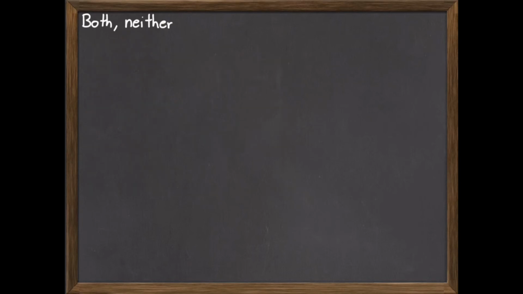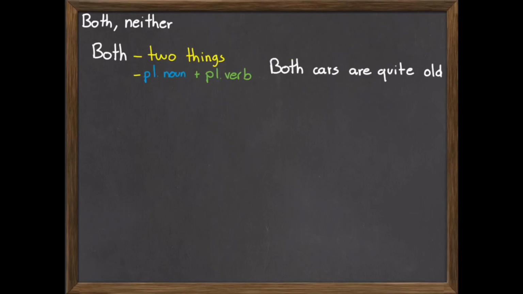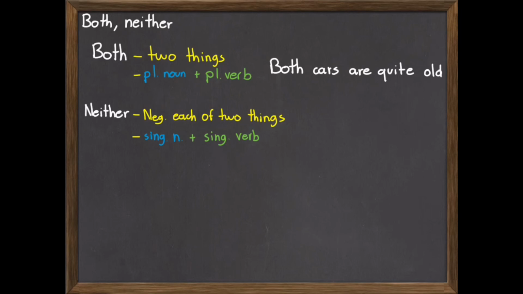Lastly, let's look at both and neither. We use both to talk about two things. Both is used with a plural noun and a plural verb. For example, both cars are quite old. We use neither to say something negative about each of two things.